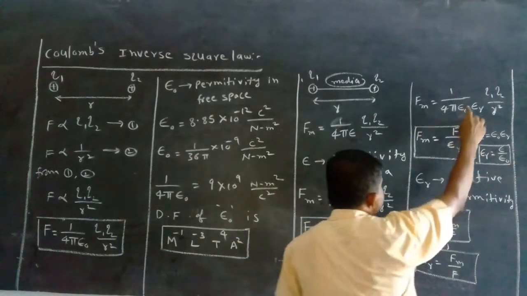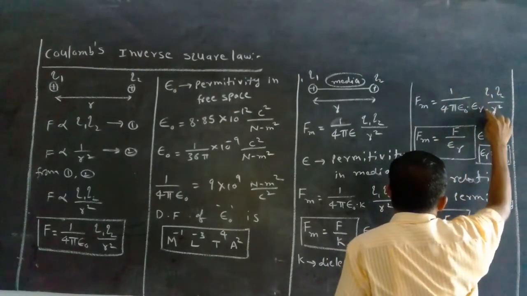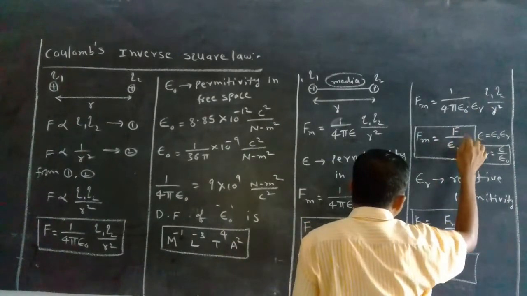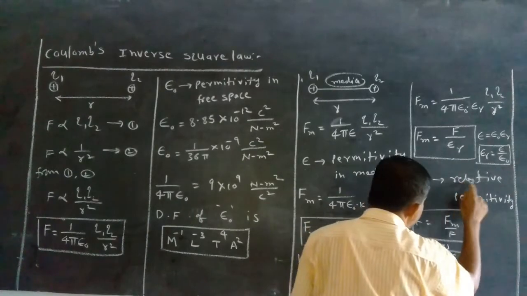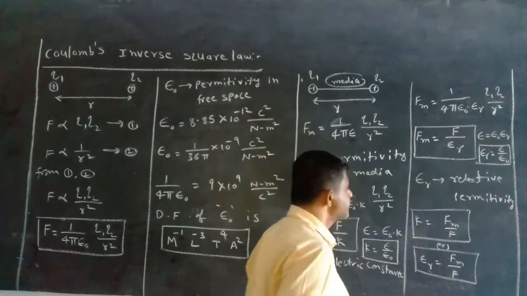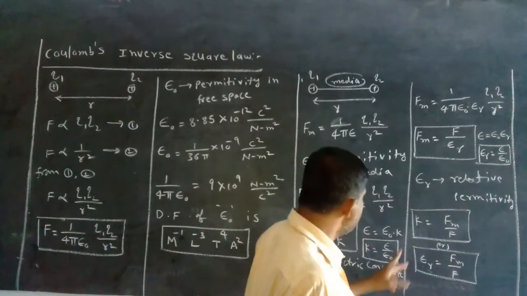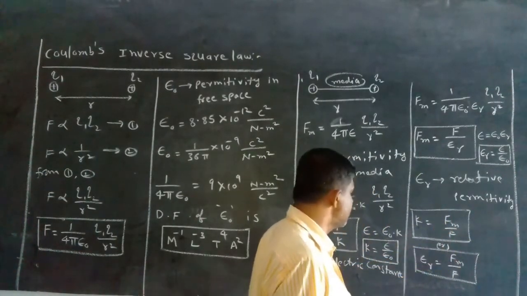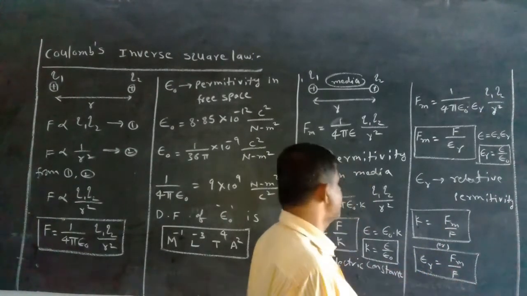This portion is F, so Fm is equal to F by epsilon r. What is epsilon r? Relative permittivity. So K is equal to F by Fm, or epsilon r is equal to F by Fm.